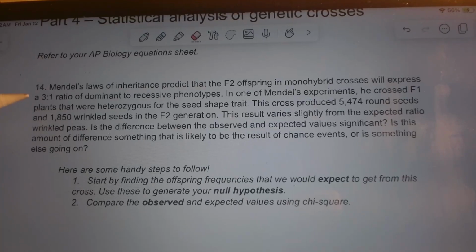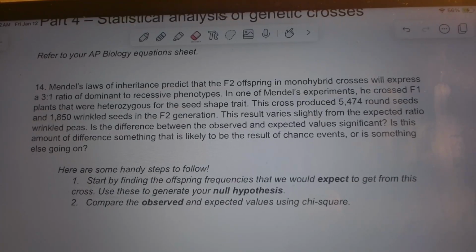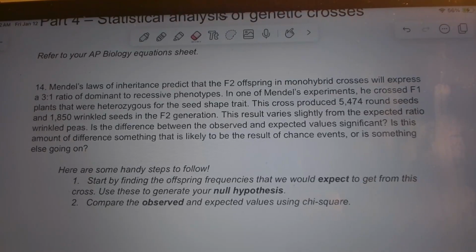And let's start to read over question number 14. Mendel's law of inheritance predicts that the F1 offspring in monohybrid crosses will express a 3-to-1 ratio of dominant to recessive phenotypes. We covered that in the first and the second video.